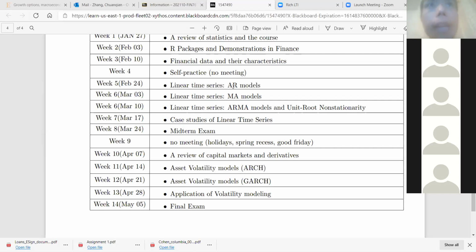So the AR model is our first time introducing linear time series models, so we put a lot of time on that. Definitely the MA model is another type of linear time series model. So these two will lay a very important foundation for our forecasting.